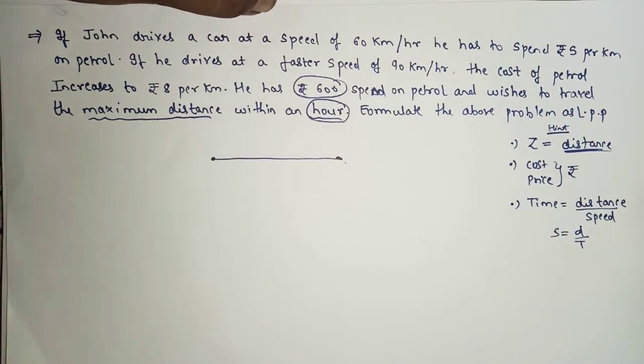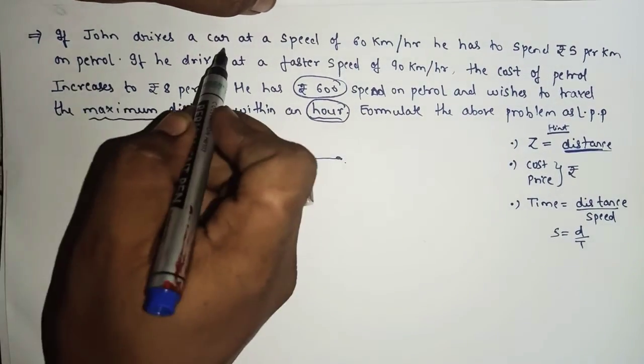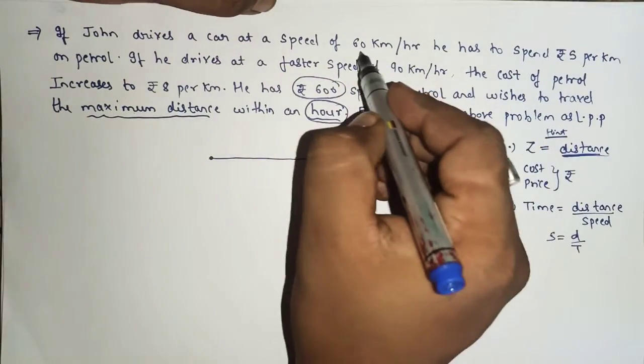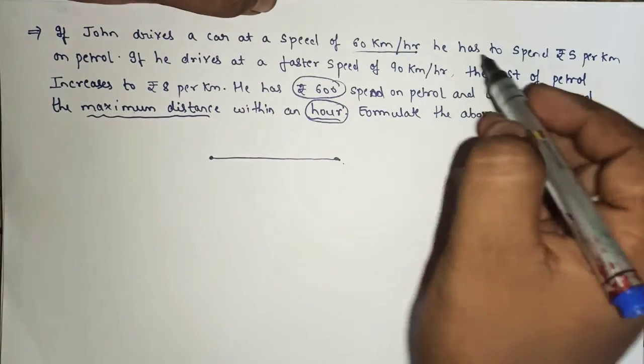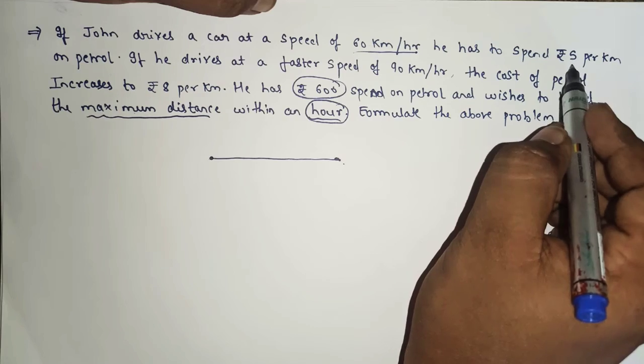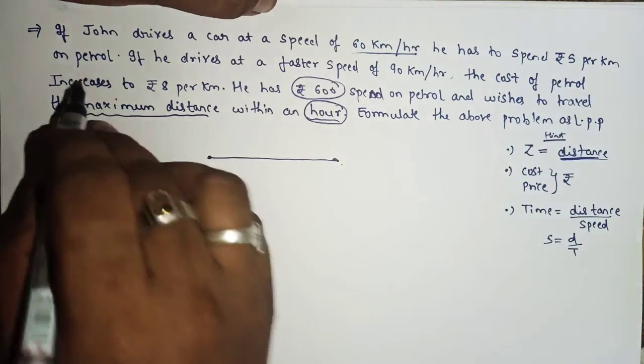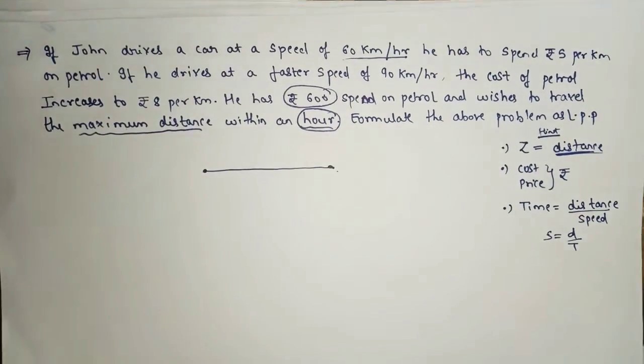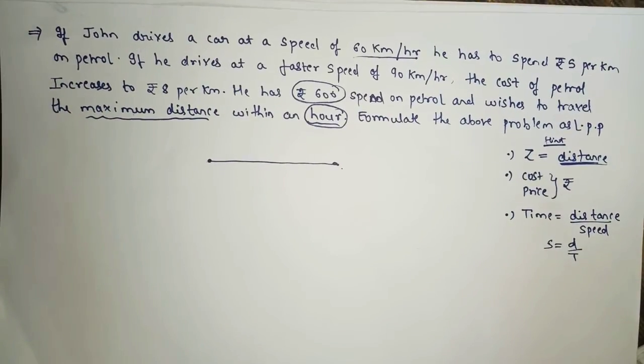But one thing we know is that he drives a car at a speed of 60 kilometer per hour and he has to spend 5 rupees per kilometer on petrol. And after that he drives at a faster speed of 90 kilometer per hour.